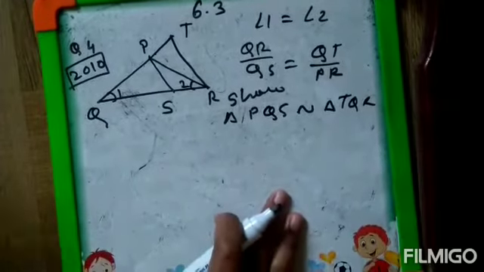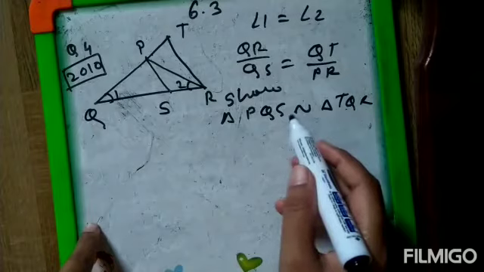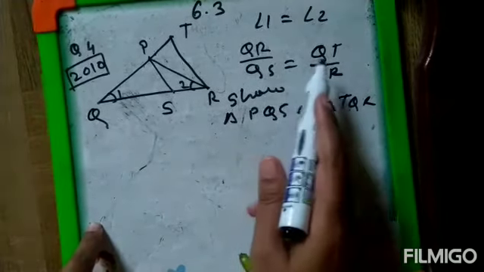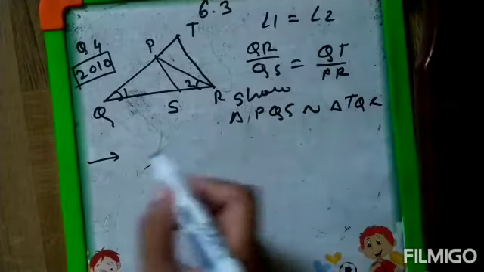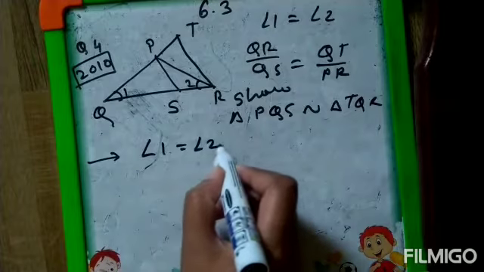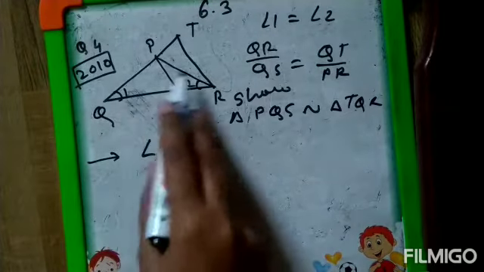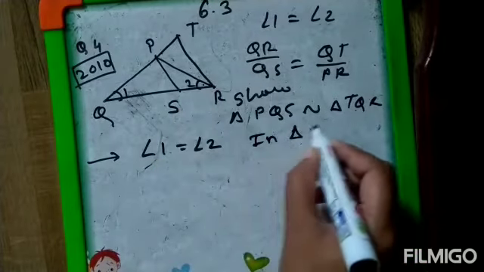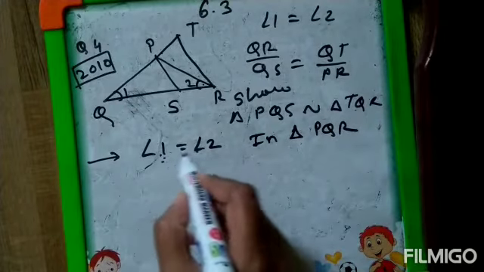So to show these two triangles similar, check which criteria we can apply. We already have two sides, and one angle is given, angle 1 equal to angle 2. If angle 1 and angle 2 are equal, then in triangle PQR the sides opposite to the equal angles are equal.